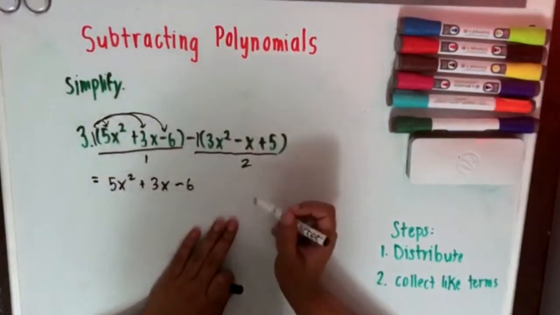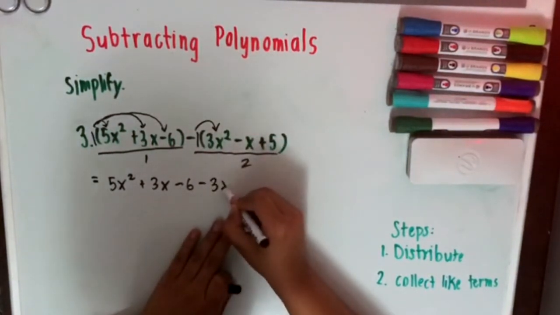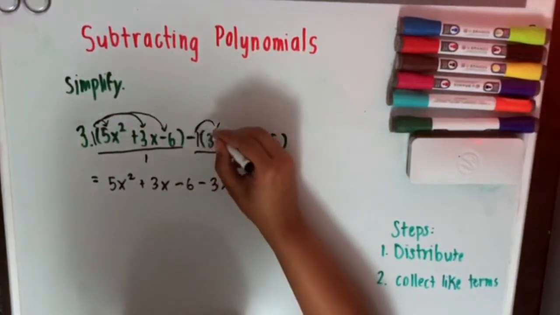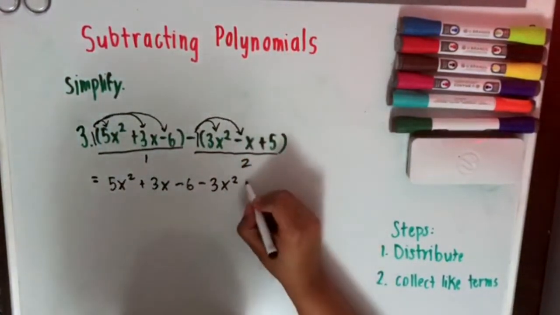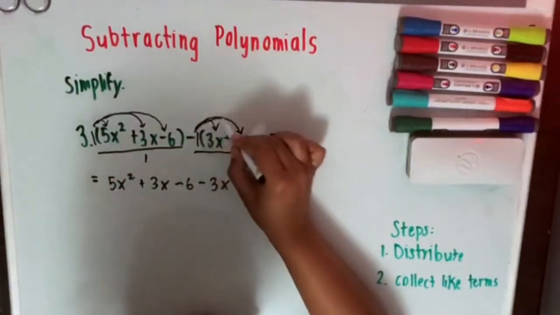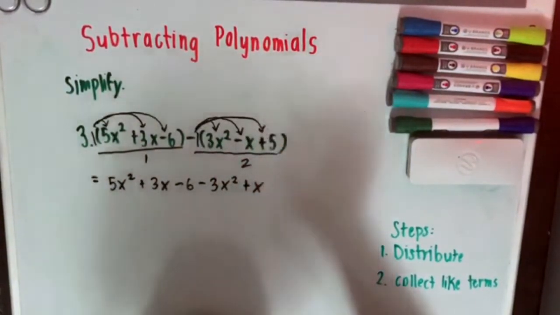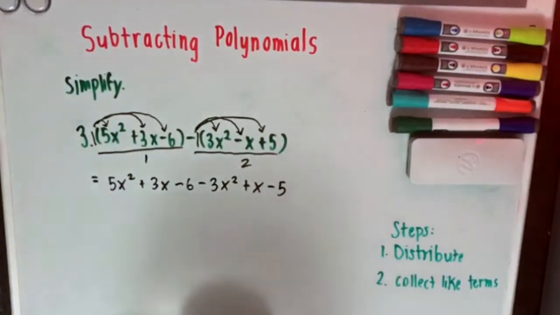Second part, let's put invisible 1 again. Negative 1 times 3x squared, negative 3x squared, negative 1 times negative x, a negative and a negative, a positive, hence positive x, negative 1 times 5 is negative 5.